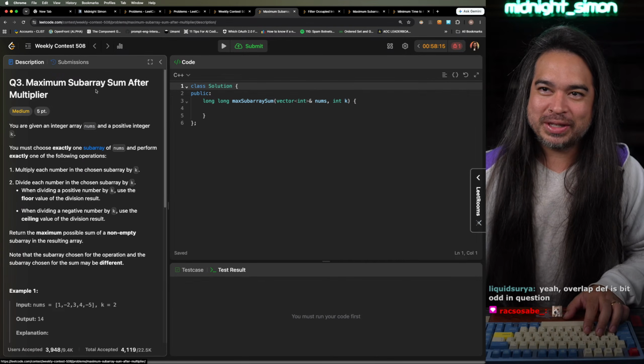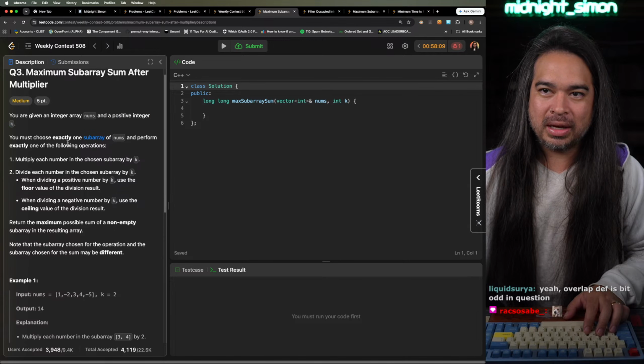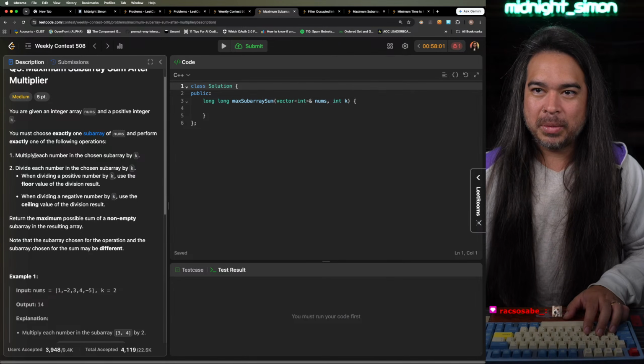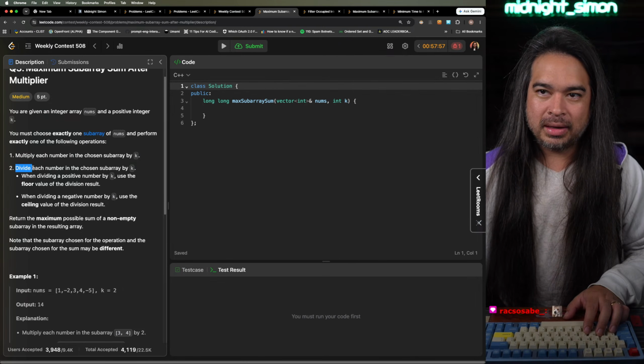Maximum subarray sum after multiplier. You're given an integer array nums and a positive integer k. You must choose exactly one subarray of nums and perform exactly one of the following operations: multiply each number in the chosen subarray by k, or divide each number in the chosen subarray by k.